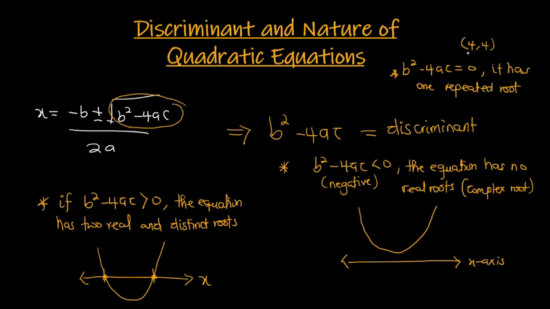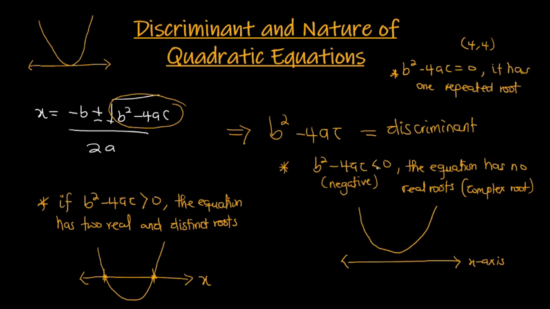If it is 5, it's 5. If it's negative 1, it's negative 1, negative 1. Nothing is going to be different. And if we draw the graph of that, you realize that the parabola looks something like this. It only touches the x-axis at one point and then goes back up. So if it is positive, it cuts the x-axis at 2 points, and that is what we call two real and distinct roots.